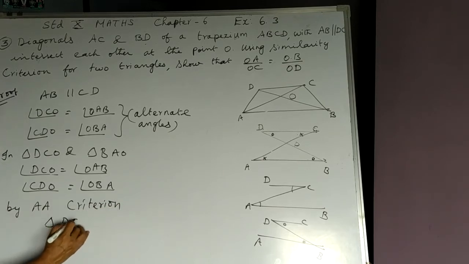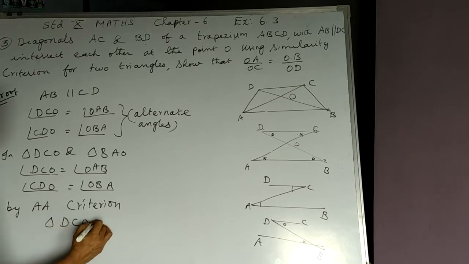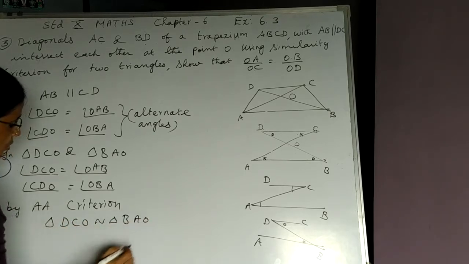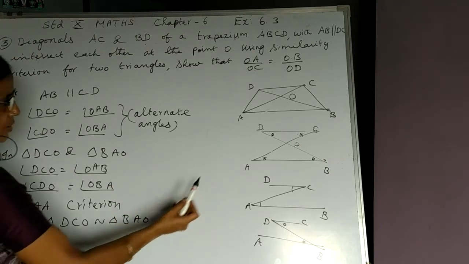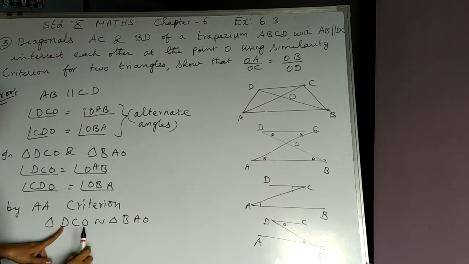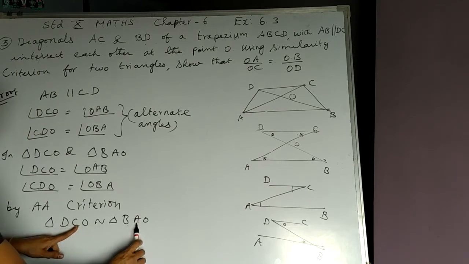Triangle DCO is similar to triangle BAO. The correspondence should be proper. D and B are equal angles, so the place where I take D on the left side, B should be on the right side. C and A are equal. Therefore, they are in the second place.